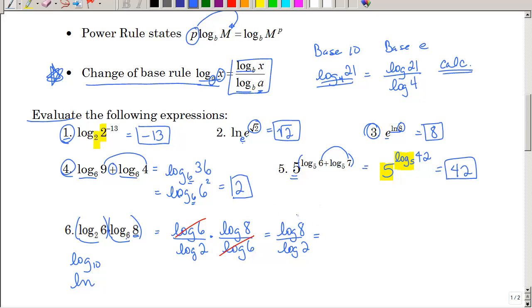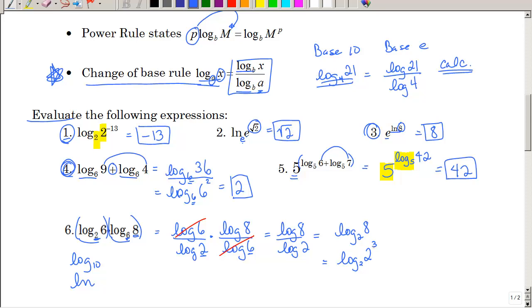So let's go backwards. So I can say this is the log of 8 base 2. Going back, the base goes on the bottom. So now, what about that one? Let's go back to number 4. We kind of sort of had something like that. So let's think about how could I write 8 in terms of base 2?